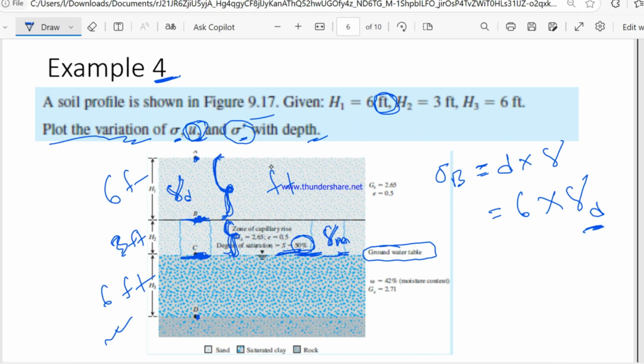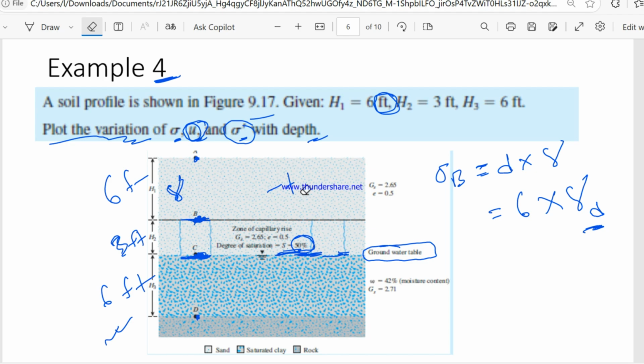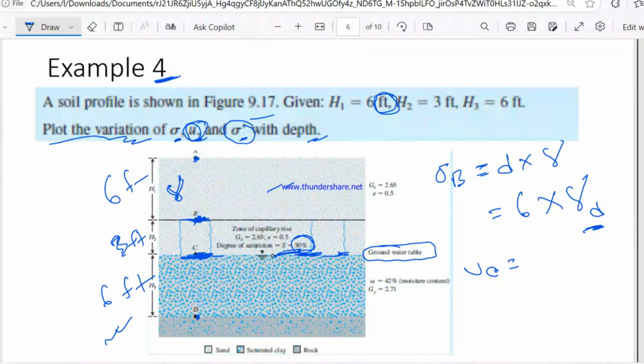Okay, let's calculate pore water pressure at point C. This is point C and the groundwater table is located here. As I already discussed, at the groundwater level and above the groundwater level, the pore water pressure is 0.